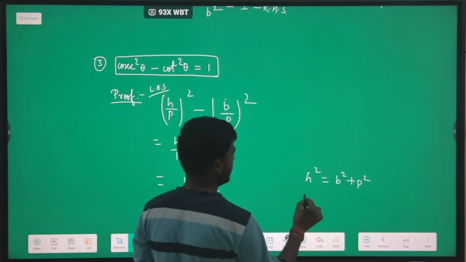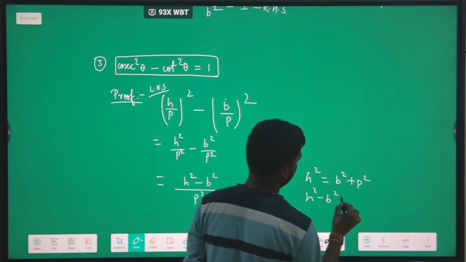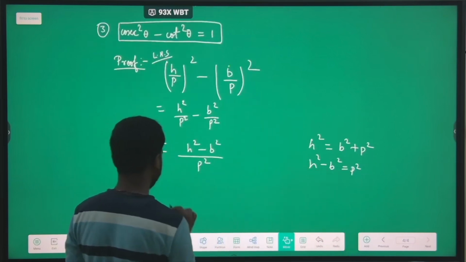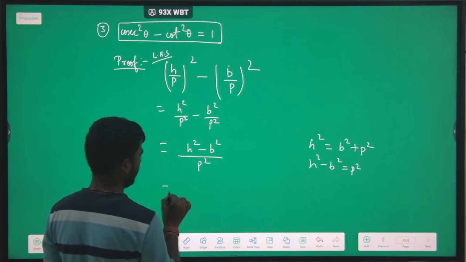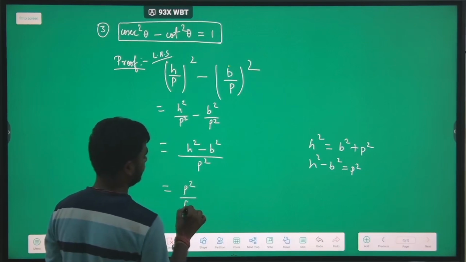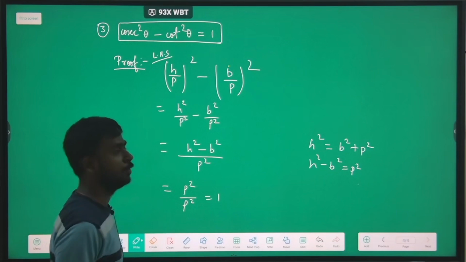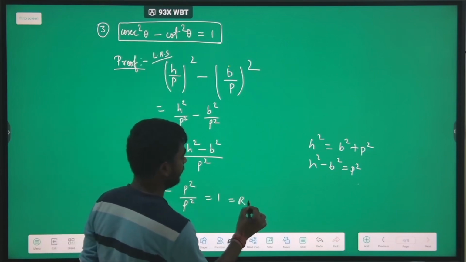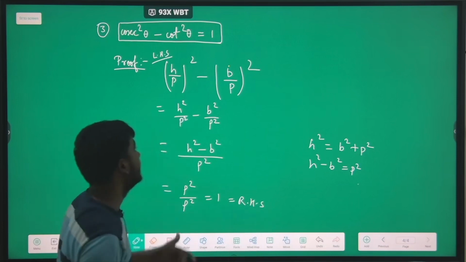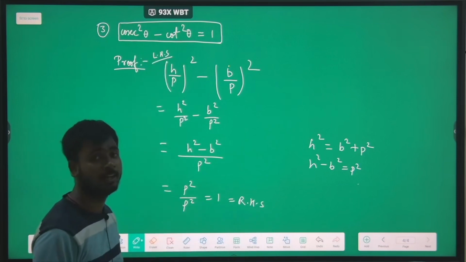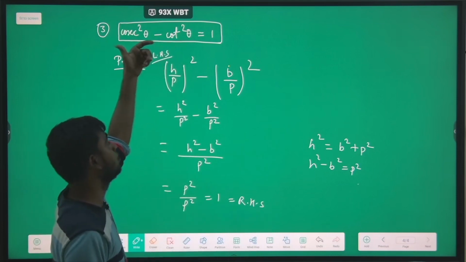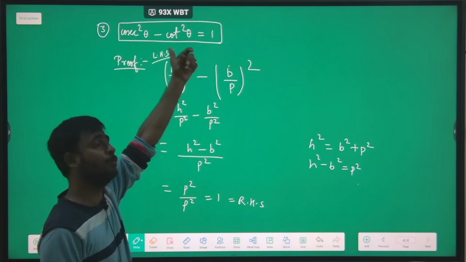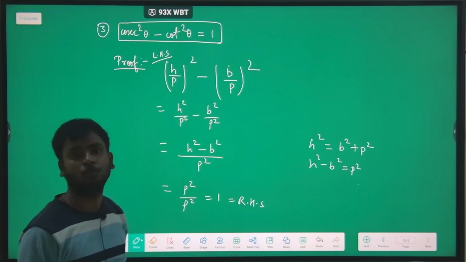So this H square minus B square will be equal to P square. So it will be P square upon P square, and it will be equal to 1. So it is our RHS. Our LHS is equal to RHS. Hence we can say that cosec square theta, that means cosecant of theta to the power 2 minus cotangent of theta to the power 2, is equal to 1.